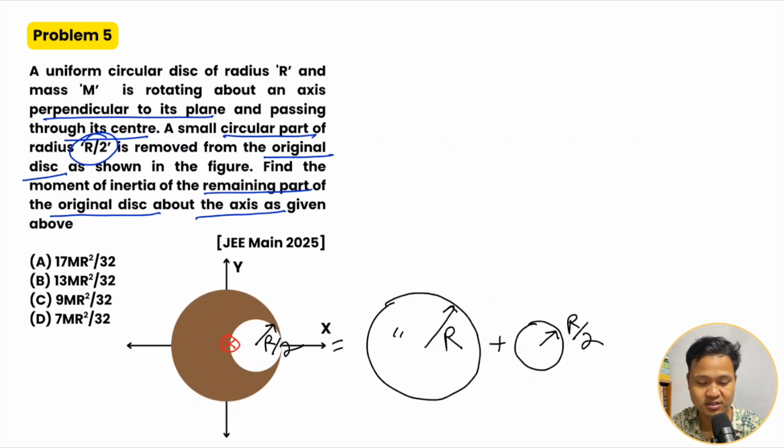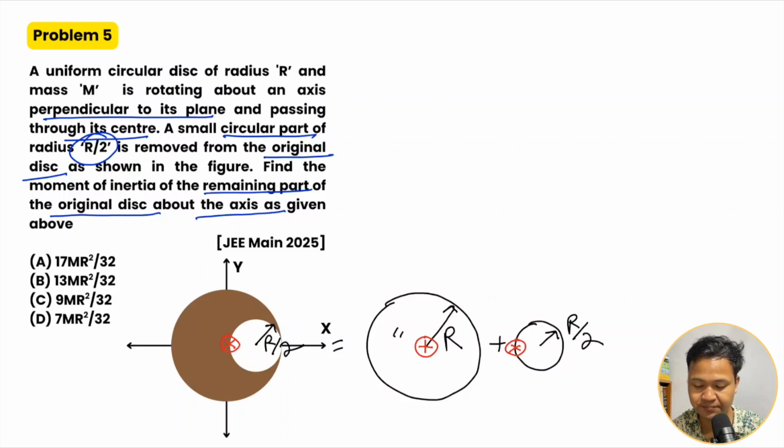Okay, the small disk of radius r by 2 is removed from the original disk. For the original disk, the axis of rotation lies exactly in the center. For the small disk, the axis of rotation is at the edge.